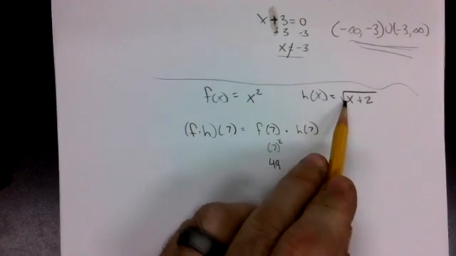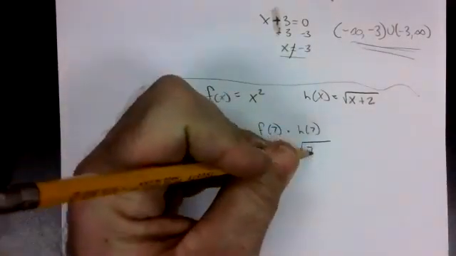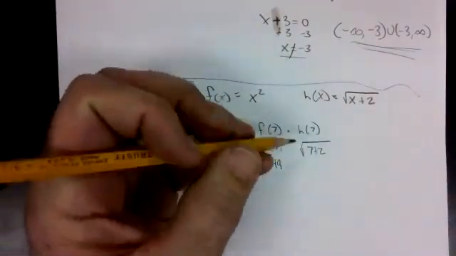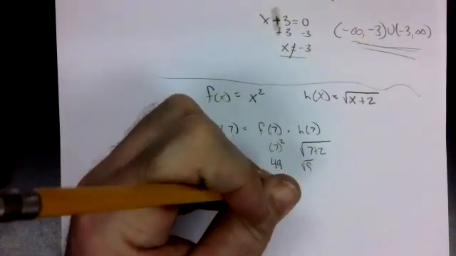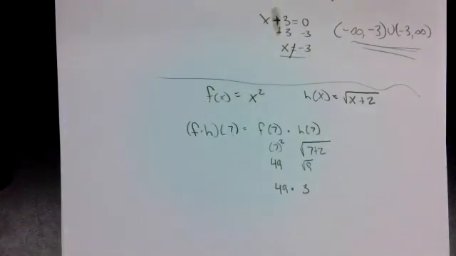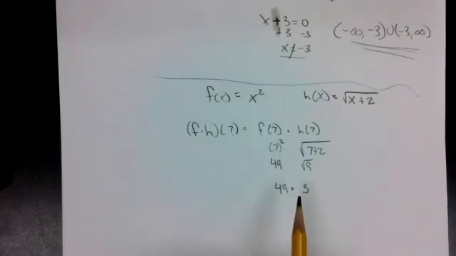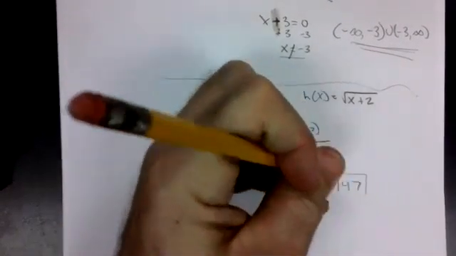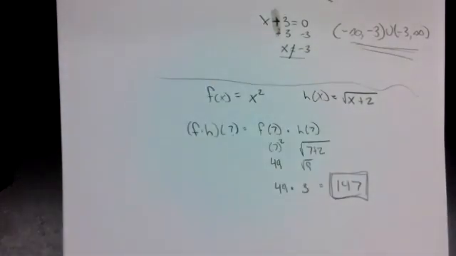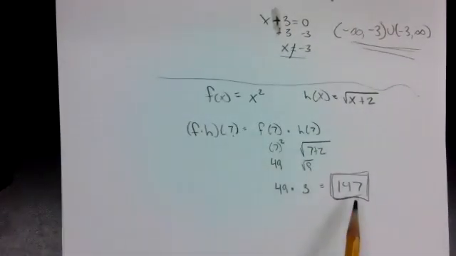H function, if we plug our 7 in, square root of 7 plus 2, the square root of 9 is 3. And then in this case specifically, they're wanting us to multiply 49 times 3, be 147. Okay, so again, specific number, very specific answer.